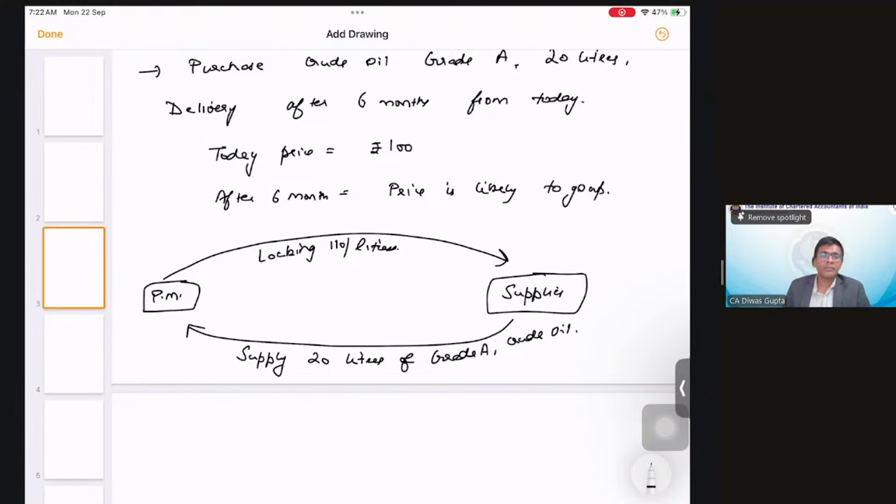Clear? So we are locking the pricing at 110 per liter and the supplier will supply 20 liters of crude oil.